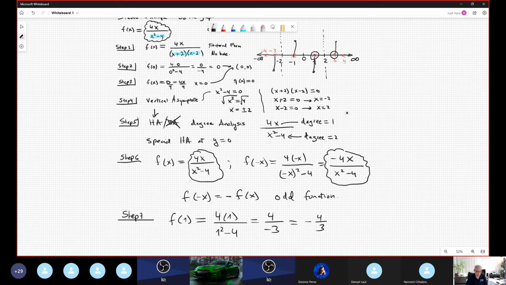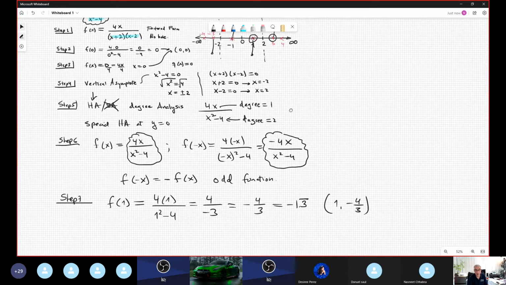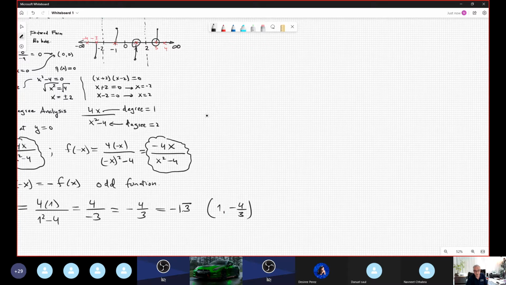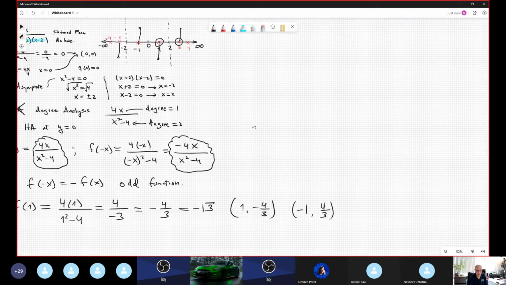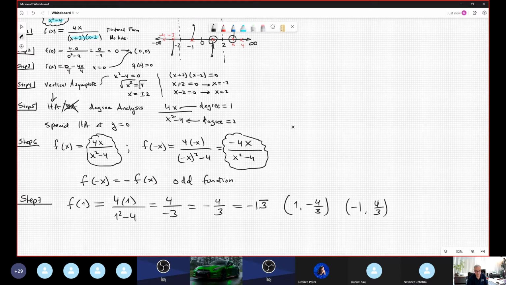In decimal, if you want to see it more clearly, it is negative 1.3 repeated. That point is 1 comma negative 4 over 3. And this one is negative 1 comma positive 4 over 3. Same value but opposite sign. I take advantage that the function is odd.